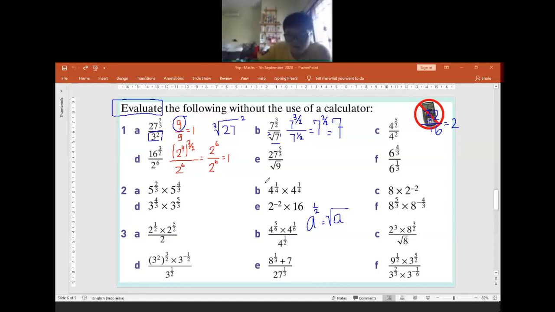Okay. B? B, the 7 to the power of 3 per 2. Okay, let me repeat question B. For question B, we have square root of 7. Yesterday, we already learned when we have a to the power of a half, it will be equal to square root of a. That's why in here, for square root of 7, I will change it into 7 to the power of a half.